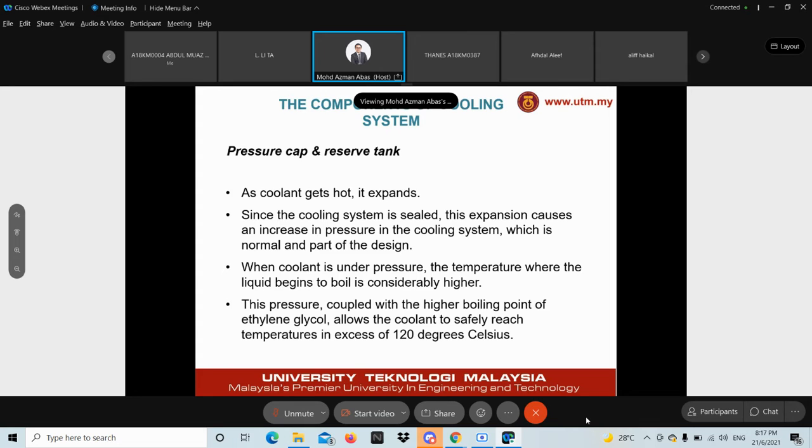If you are using normal water under pressure, the boiling temperature will probably reach 105 degrees more or less. But with the assistance of antifreeze, you are raising the boiling temperature to 120 degrees.